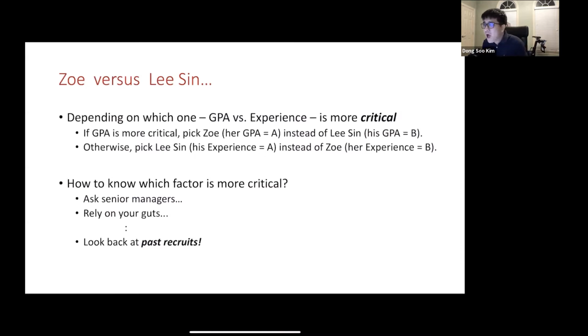Then, how to know which factor is more critical? You may ask senior managers for their wisdom, or you may rely on your own guts. And there's one more option. You can look back at past recruits.